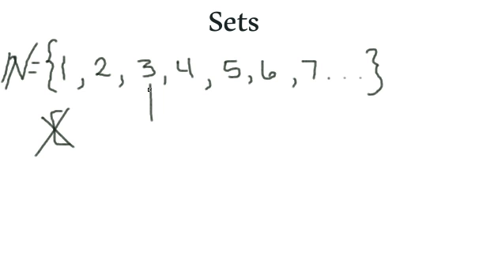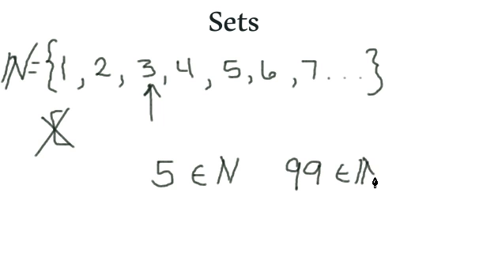Okay, each member of the set, we call these elements. These are all elements of the set N. And we could say, okay, 5 is an element of N, and we would write it like this. 5 is an element of N. Right, 5 is an element of N. 99 is an element of N. And I was writing that with 2 lines there.